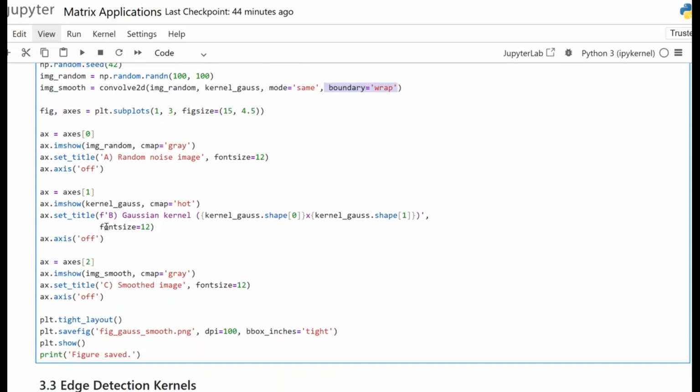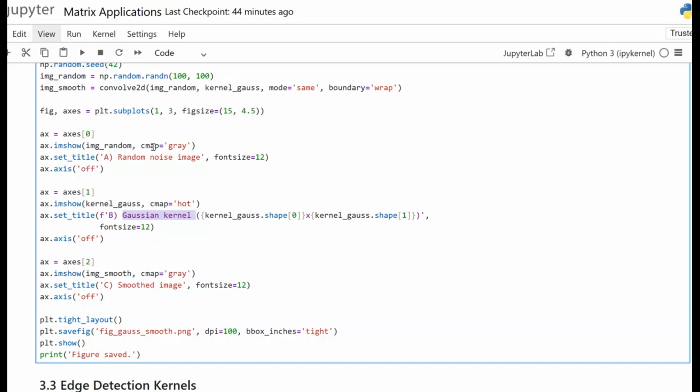Next, it is all about visualization. First, we visualize the original image, which is a random noise image. Next is the Gaussian kernel. Kindly note the original appears as high frequency noise.